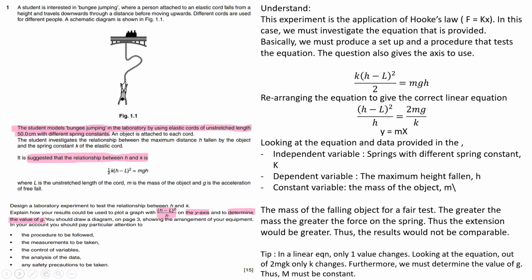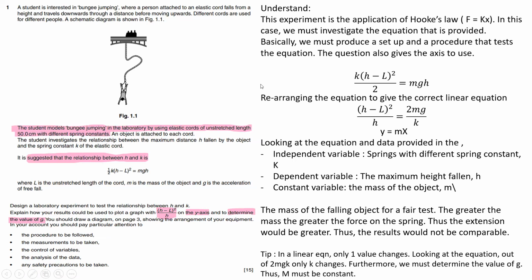It tells you how you should answer your paper 5, so just take note of it. I don't see a point in including it because it's the same every time. I've already included the procedure, the measurements to be taken, the control of variables, analysis, and the safety in my answer, so there's no need for me to keep it in all the videos if I make them in the future.